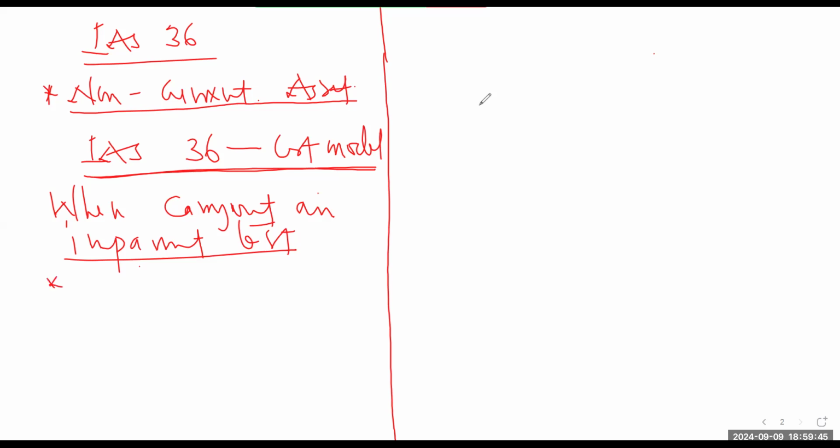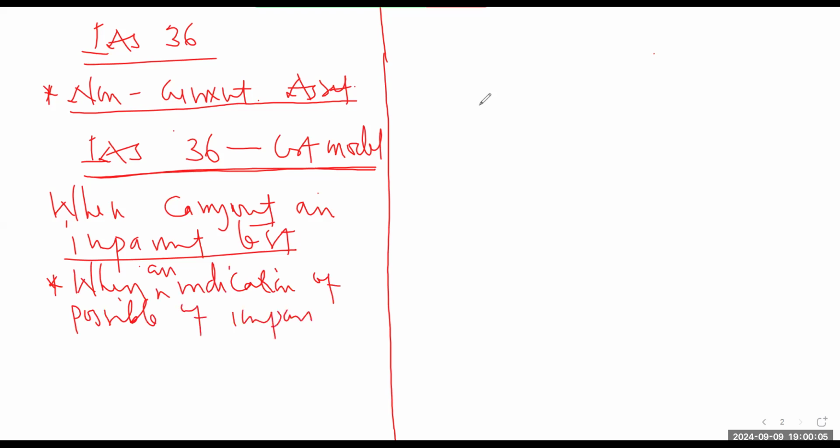So when an indication or indications, it can be any of them, of possible impairment of the assets exists at the reporting date.